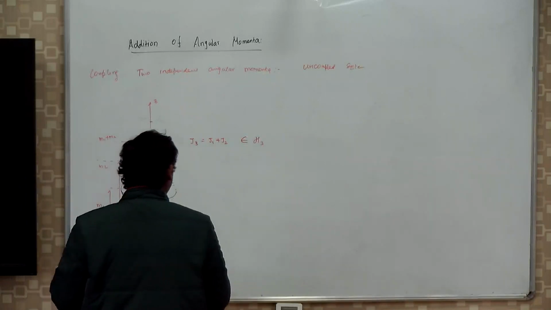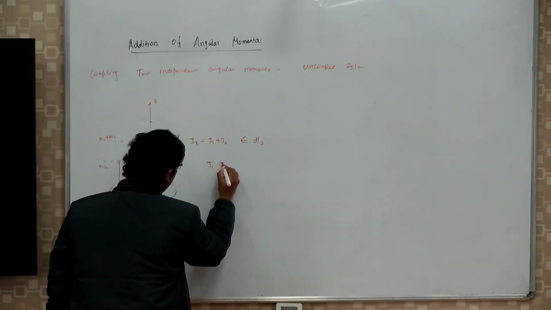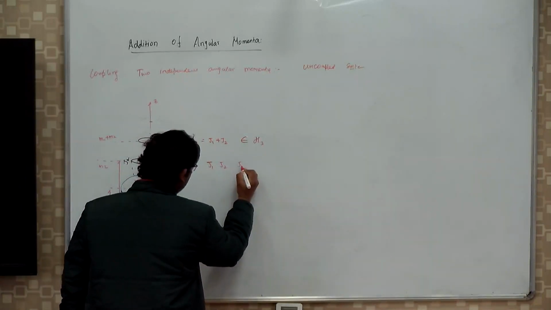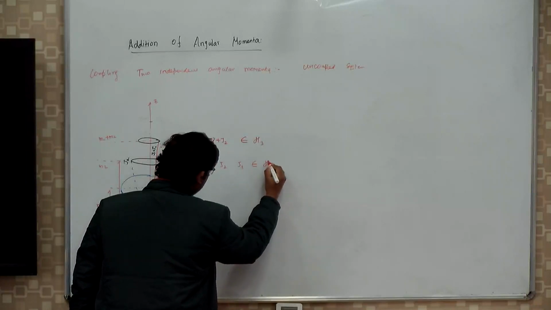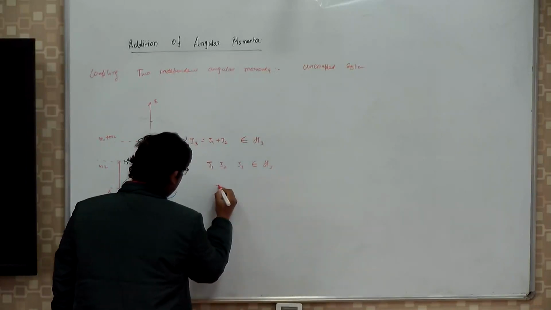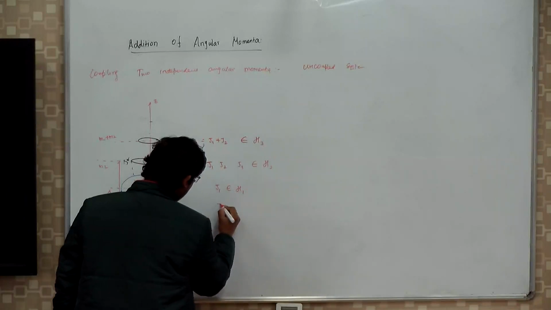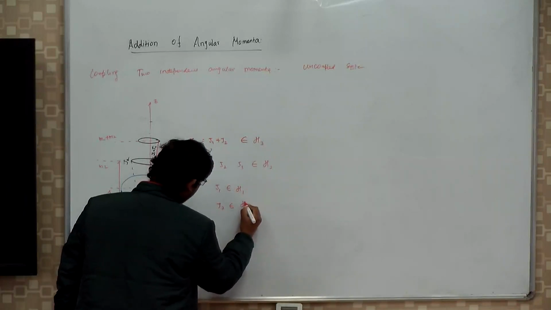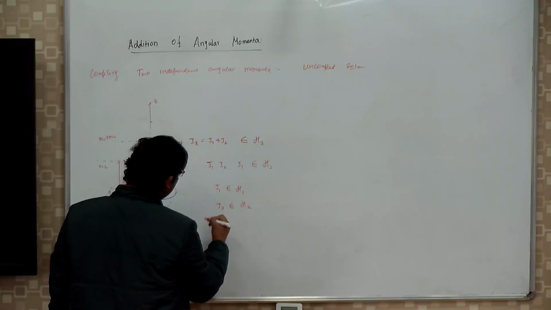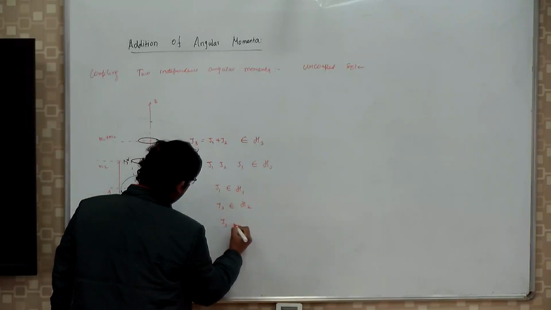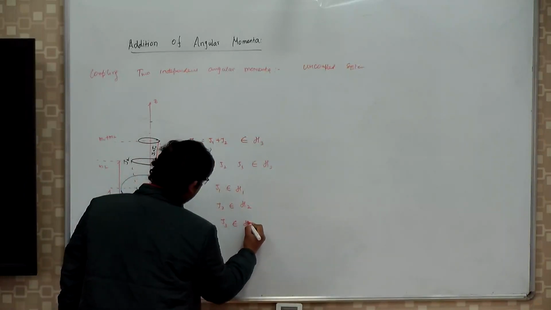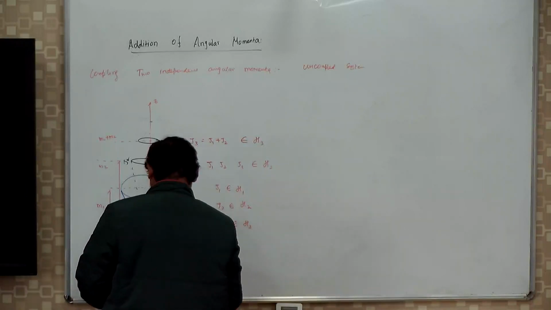We can say J1 and J2 and J3 are elements of H3; J1 is an element of H1, J2 is an element of H2, and J3 is an element of H3 only.